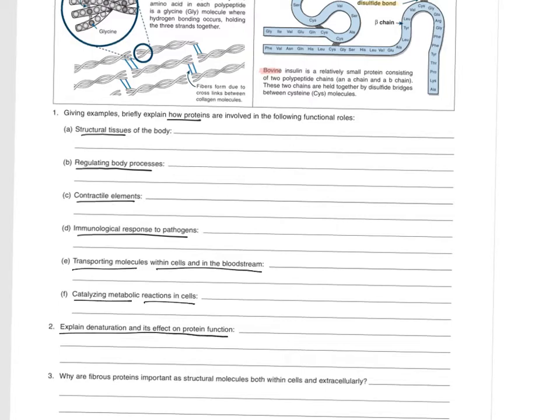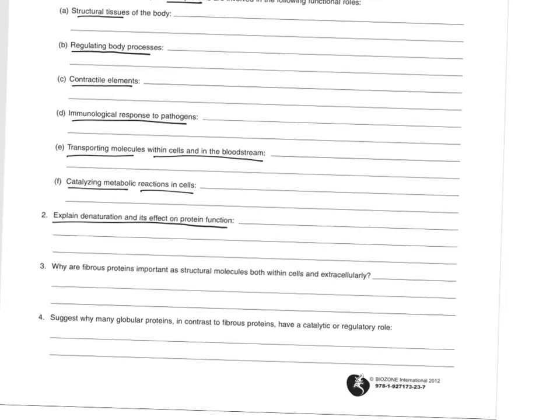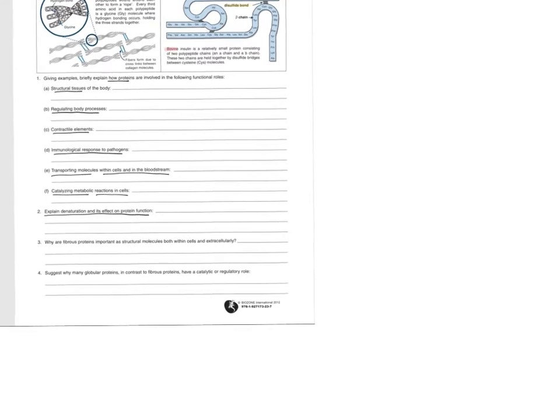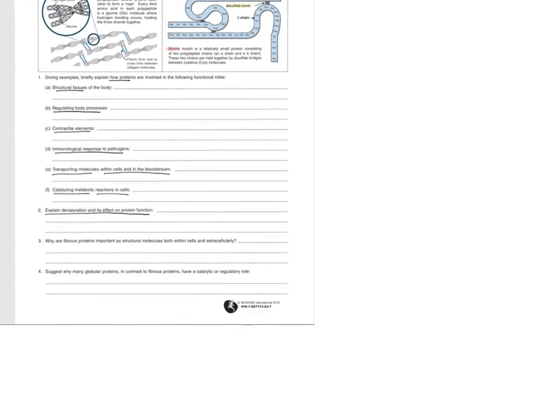Denaturation and effect on protein function, we're going to have to talk about. Still haven't spoken about that. So let's talk about that now. Fibrous proteins, you should know why they're important. If you read, you should be able to tell why they're important.